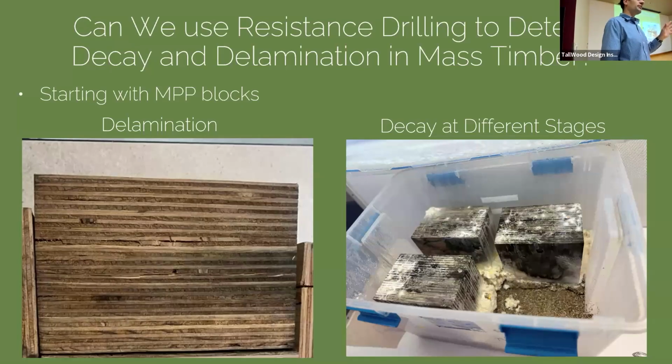And we also need to sort a few things out with mass timber. For example, a round piece of round wood utility pole has a regular repeating pattern of early wood, late wood. That's a different story in a composite, right? So we need to get a better understanding of what a resistance drill profile looks like in these different mass timber composites.